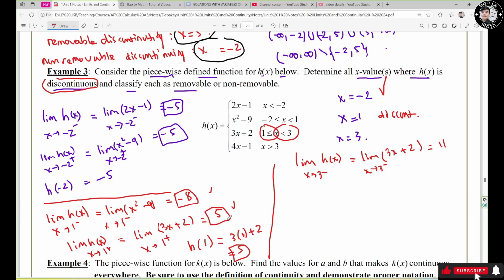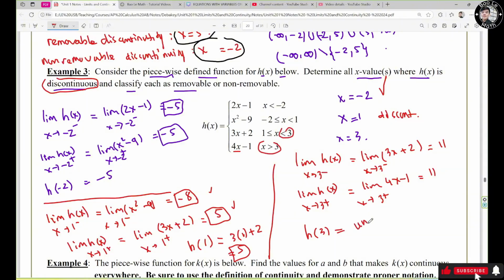Similarly, the limit of h of s when s approaches 3 plus is going to be this one right here, 4s minus 1. The limit of 4s minus 1 when s approaches 3 plus: substitute 3 for s, it's going to be 11. Now you need to calculate h of 3. For h of 3, we look at this one, there's no equal sign, so h of 3 is undefined.